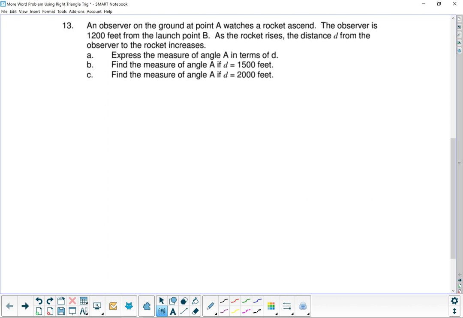The observer is 1,200 feet from the launch point B. Let's see, just drawing it as it comes along. So the observer is at point A, this little guy right here, and he's looking out. And then point B, it's a rocket ship. Okay, that was ugly.